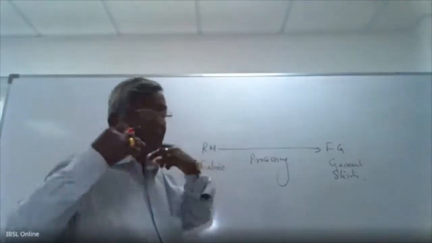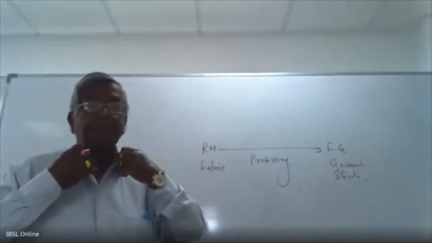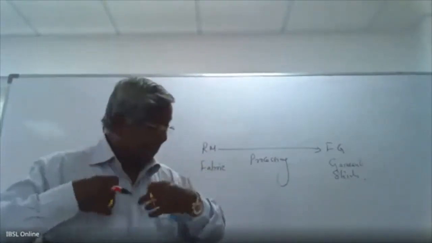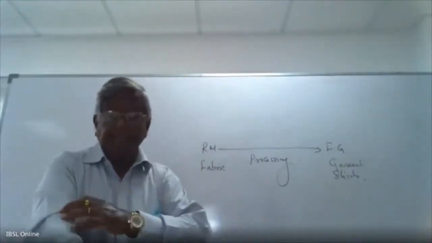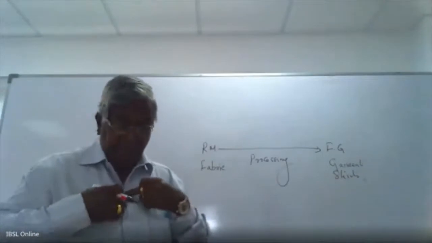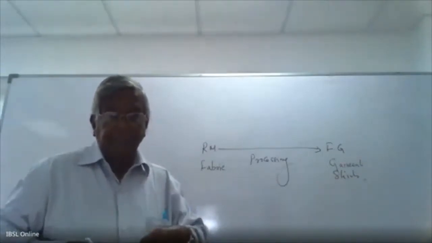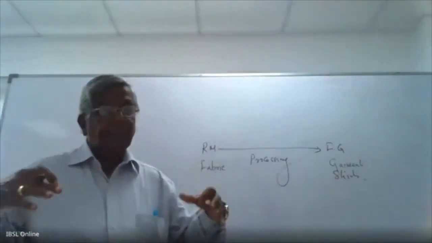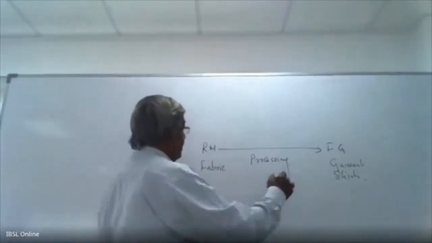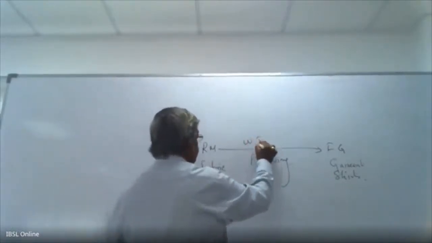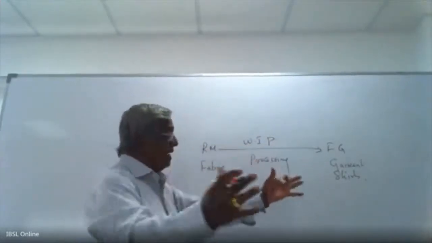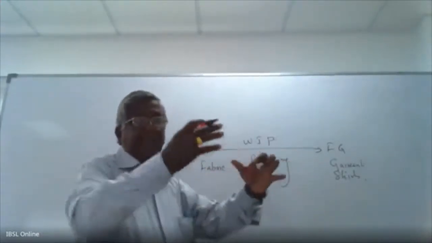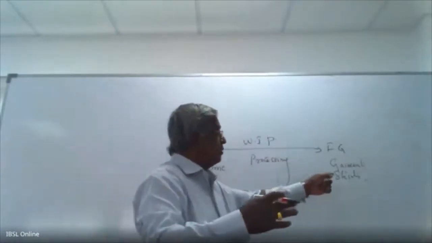There may be collars, cut and stitched separately. The body of the shirt, cut and stitched separately. The sleeves, cut and stitched separately. Then buttonholes, then buttons fixed. These we collectively call work in progress. Finally it is assembled, ironed, and packed. That is the finished good, the shirt.